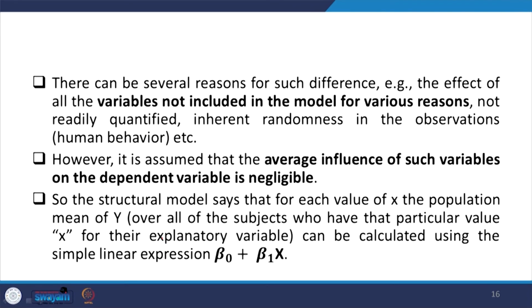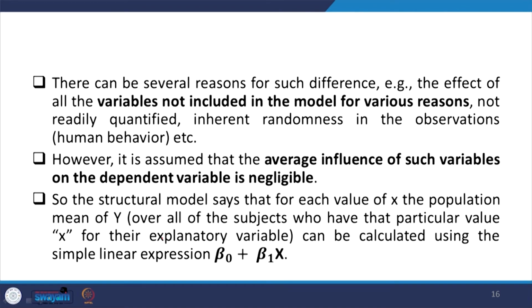So, there are several reasons for such differences in terms of epsilon, that is the effect of all the variables not included in the model for various reasons, not readily quantified sometimes for some variables, and there is some inherent randomness also in the observations, like human behavior, they respond in a manner which is a little different from the average numbers.